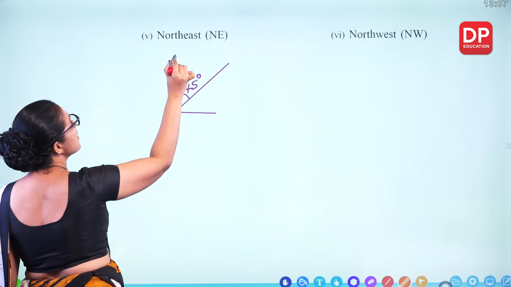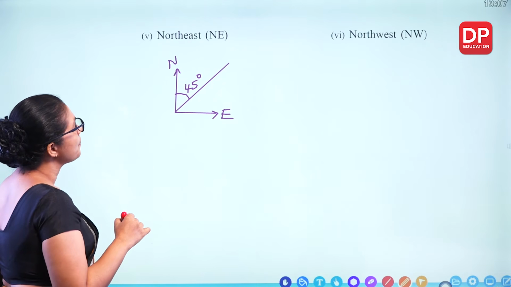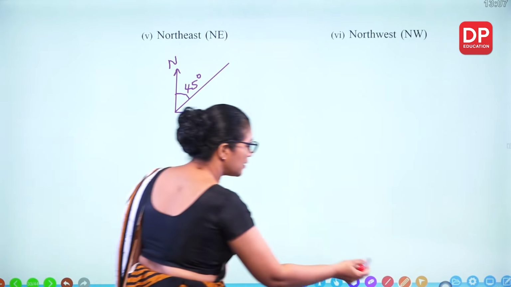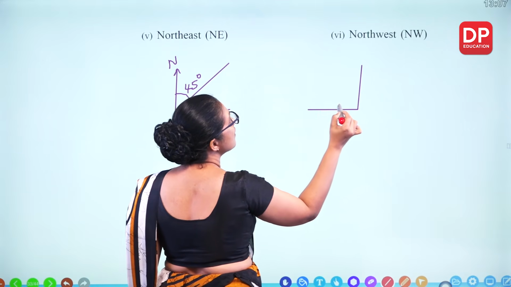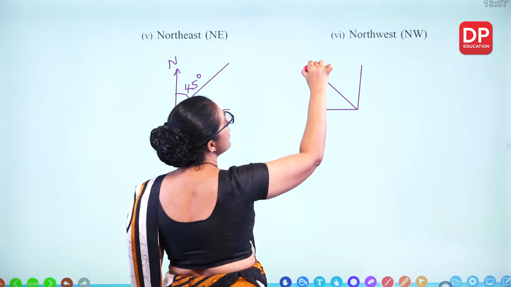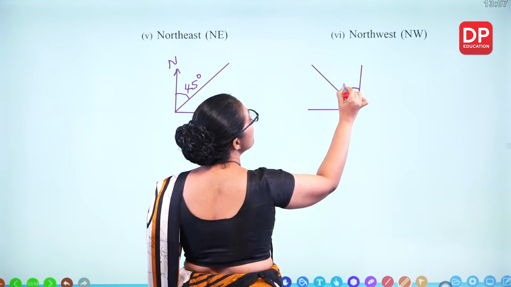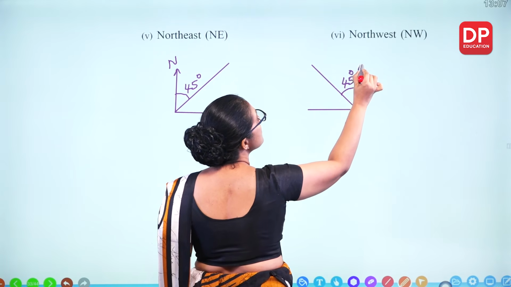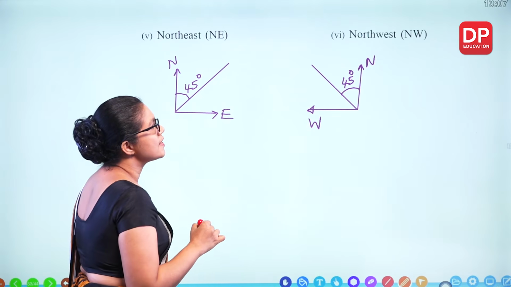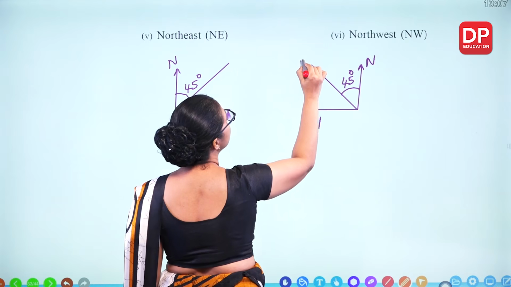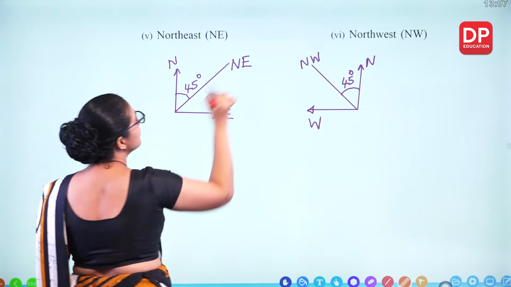So this is north, this is east, 45 degrees. Northwest. So north and west, exactly in the middle of that. So 45 degrees from north. This is north and this is west. So this is northwest. And I'll write this is northeast.